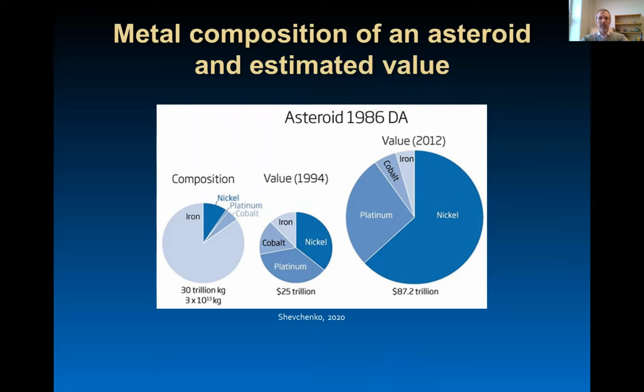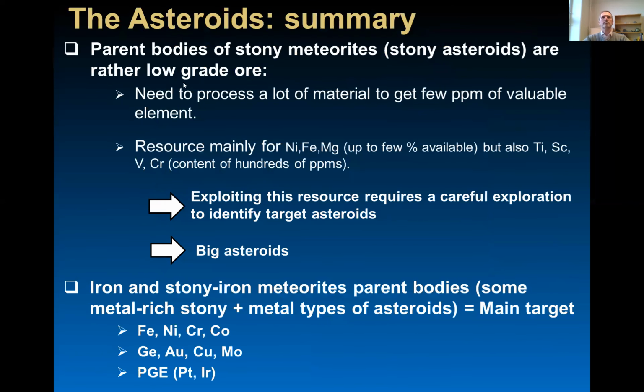As a summary about the asteroids, the parent bodies of stony meteorites, the stony asteroids, are rather low grade ore. We need to process a lot of material to get few ppms of valuable elements.